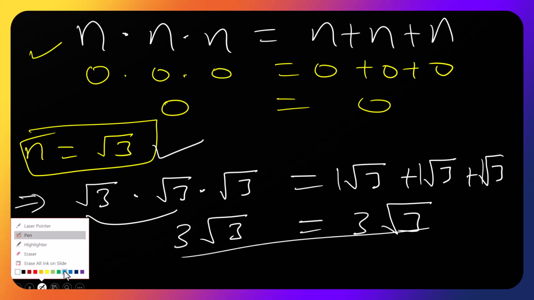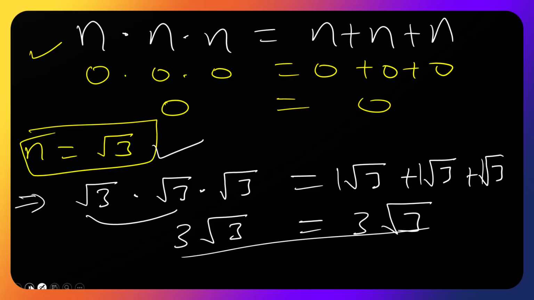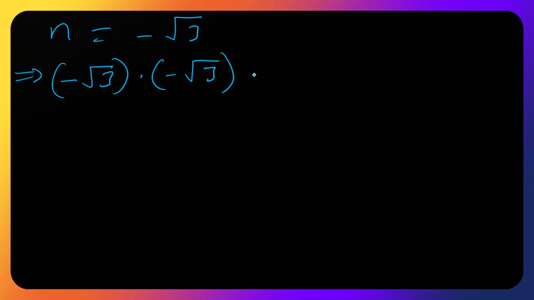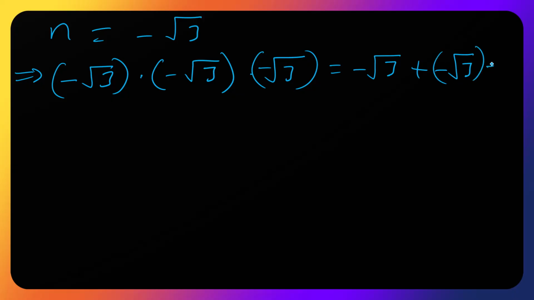Now let's look at the last one, when n is minus square root of 3. So it's n times n times n, so minus root 3 times minus root 3 times minus root 3 equals minus root 3 plus minus root 3 plus minus root 3.